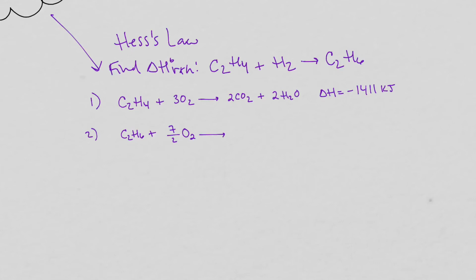Yields 2CO2 plus 3H2O. Last equation that we're going to use is going to be some water synthesis, right? So H2 plus half O2 yields H2O.